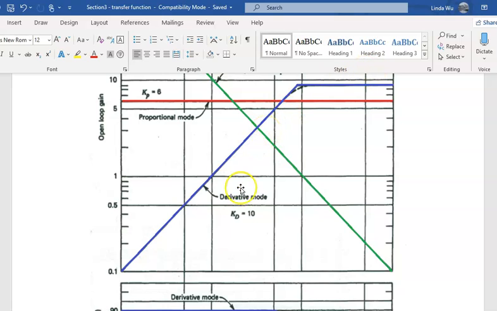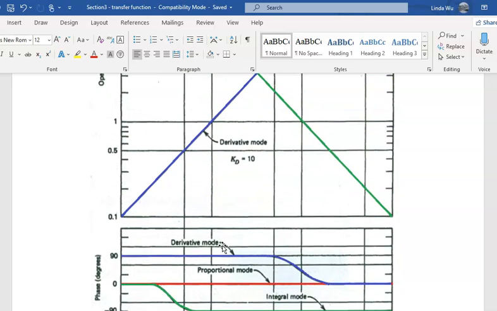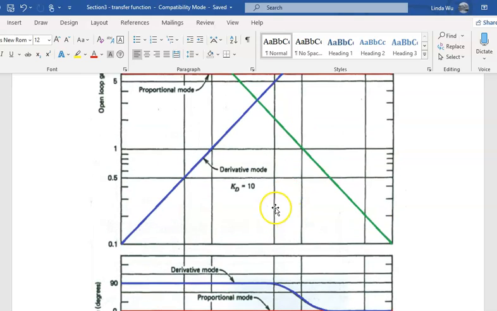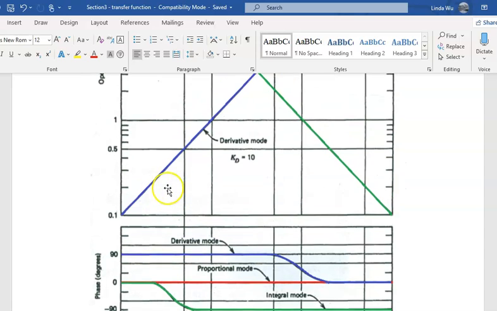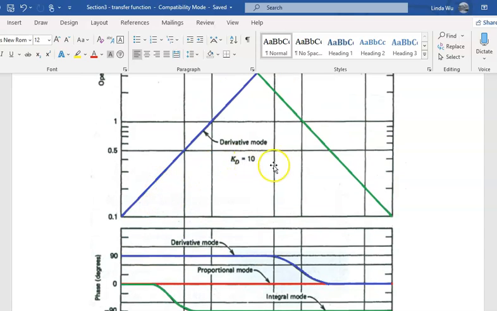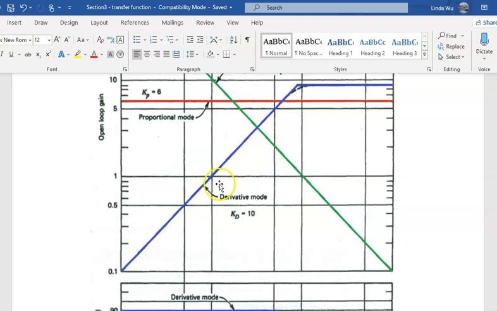So if we want the phase angle response to be better than if we get -180 degrees, then you probably consider adding the derivative into your control scheme, so it will improve our phase angle response and give us better performance.